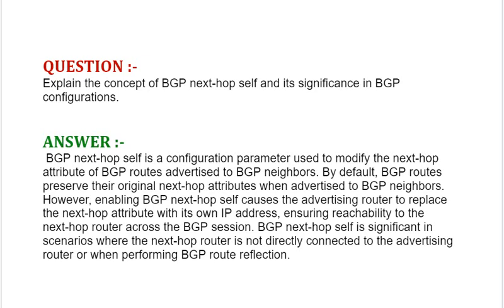However, enabling BGP Next Hop Self causes the advertising router to replace the next hop attribute with its own IP address, ensuring reachability to the next hop router across the BGP session. BGP Next Hop Self is significant in scenarios where the next hop router is not directly connected to the advertising router or when performing BGP route reflection.